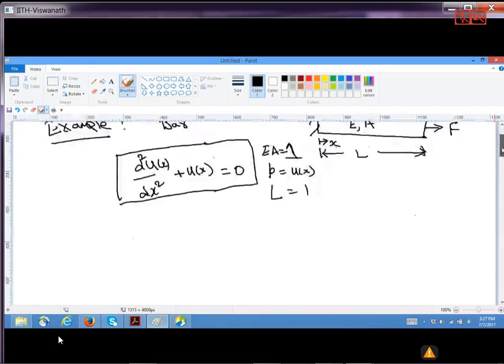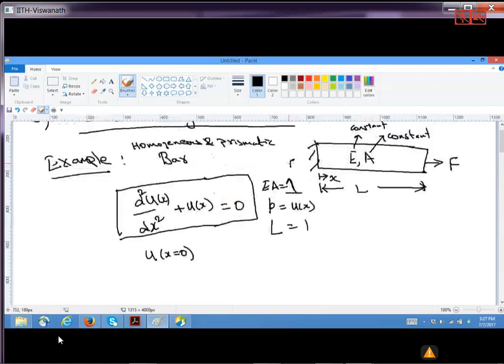Okay, so now we know that at x is equal to 0, it is fixed.